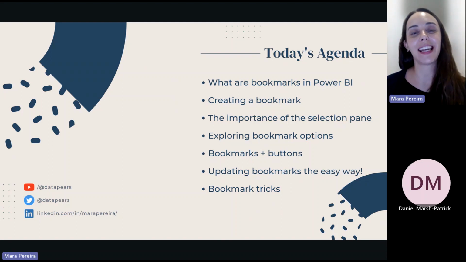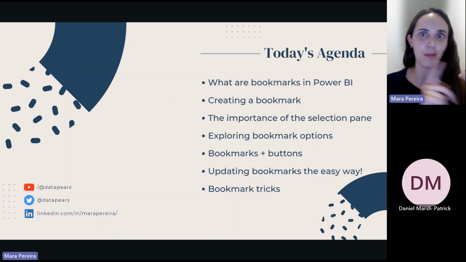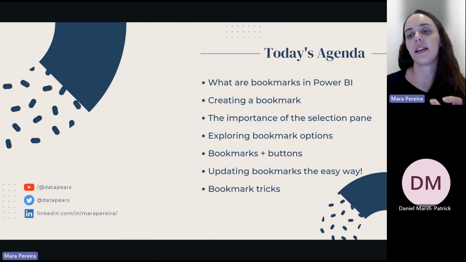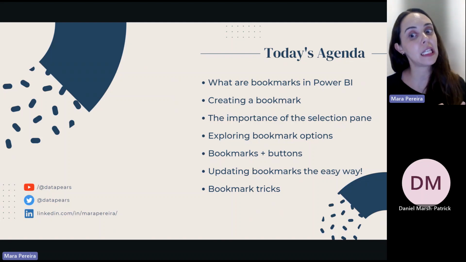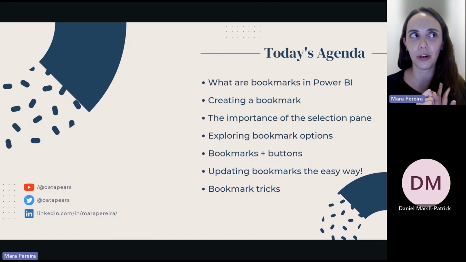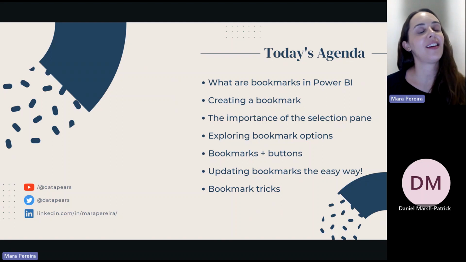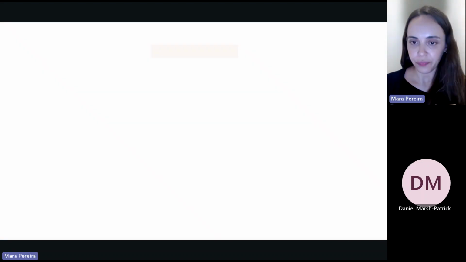Then the fantastic combo, which is bookmarks, buttons, and the selection pane that I forgot there. And also how to update bookmarks the easy way, because I talk to a lot of people and they always complain about how not very easy it is to update the bookmarks. And if I have some time, hopefully, in the end, share some bookmark tricks with you.